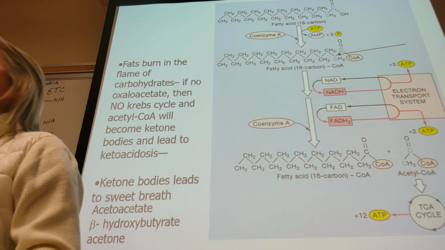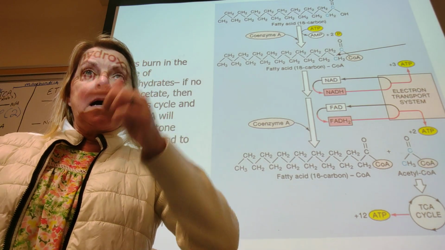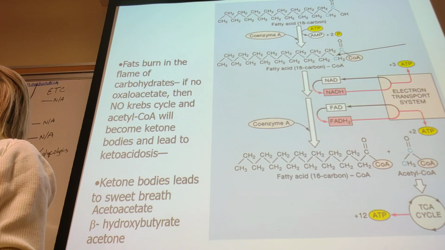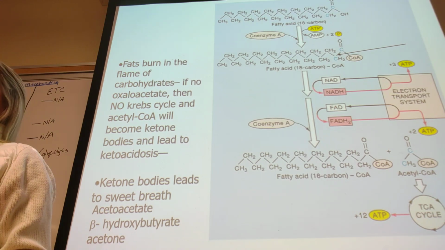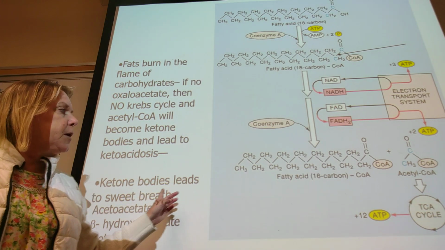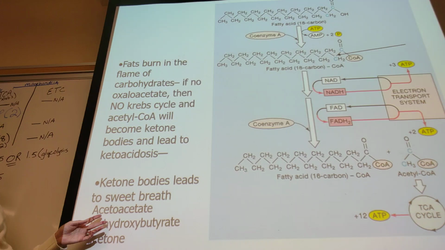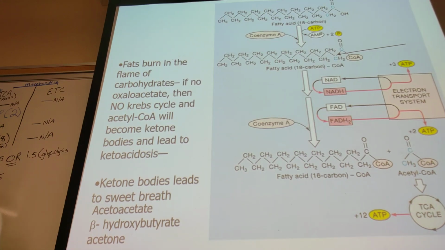And remember, all roads lead to the mitochondrion. You now have no entry point. You've lost it. And that means you're not burning your fats completely. You're not burning your fuels completely. You have a roadblock. This can lead to ketosis and ketoacidosis.